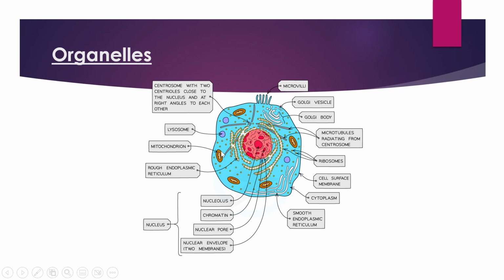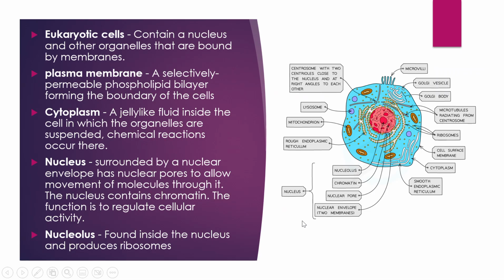Lysosome, mitochondrion, rough endoplasmic reticulum, microvilli if it's an epithelial cell, Golgi vesicle, Golgi body or Golgi apparatus, microtubules radiating from the centrosome, ribosomes, cell surface membrane, cytoplasm, and smooth endoplasmic reticulum.